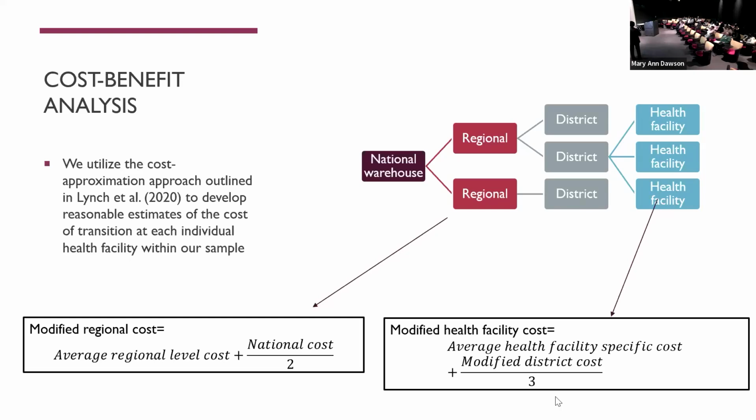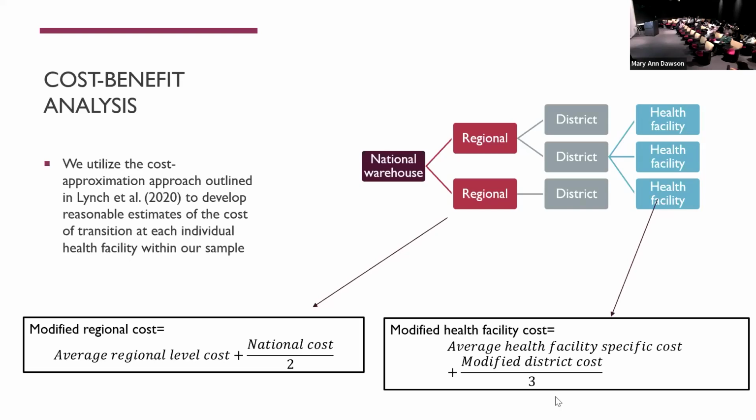Okay. So the main idea here is actually pretty clever. They progressively allocate costs from the national level to the regional level, regions to districts, and then from districts to the last mile health facilities, right? Because when you do this kind of transition, it's not only impacting the last mile. There might be other costs involved at the national level, regional level, and so on. Okay. So as an example, they estimate this modified regional cost.